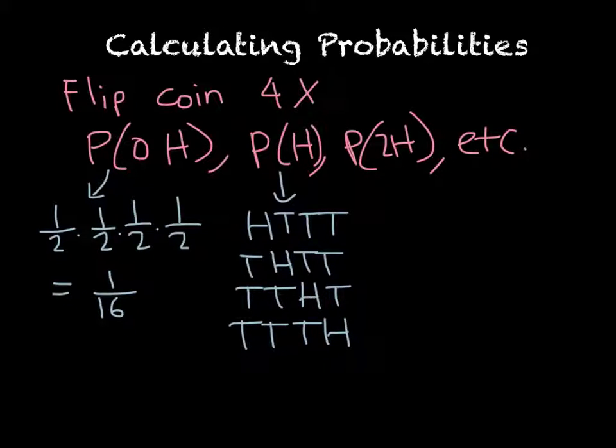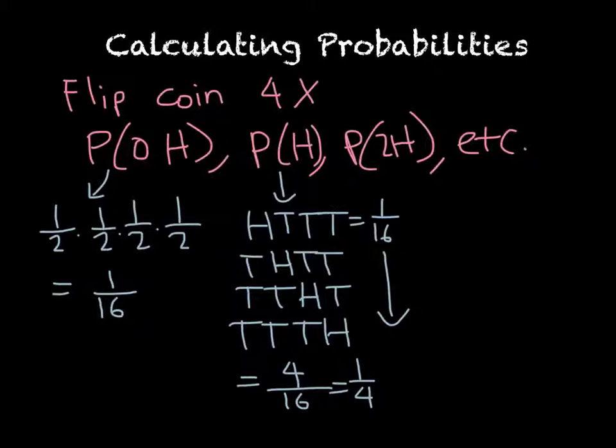The probability of each of these individually is 1/16 by the same reasoning as we calculated this first one. And so the probability in total that I get 1 head is the sum of all of these, which is 4/16, or 1/4.